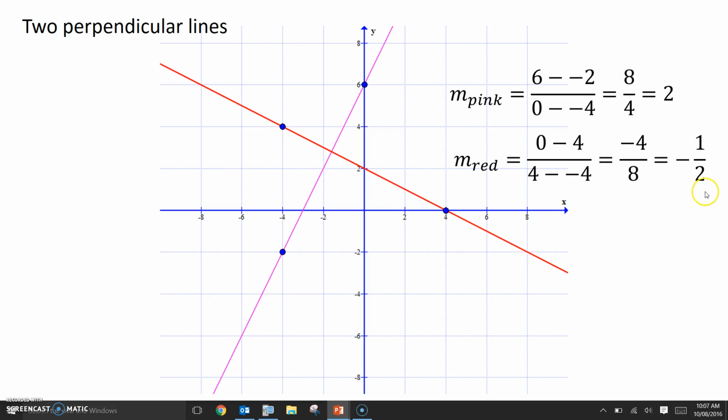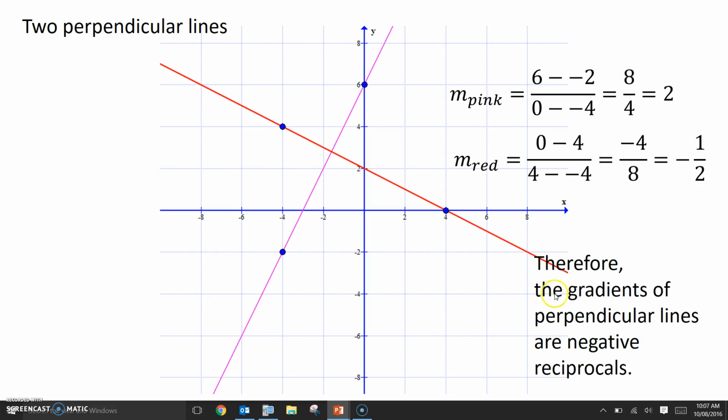This is negative 1 over 2. So we call that negative reciprocals. Okay, 2 over 1, flip it over, you get 1 over 2, make it negative, negative 1 over 2. The other way you can think about it is if you multiplied those two numbers together, you'd get negative 1. So if you multiply the two gradients together and get negative 1, they're perpendicular.